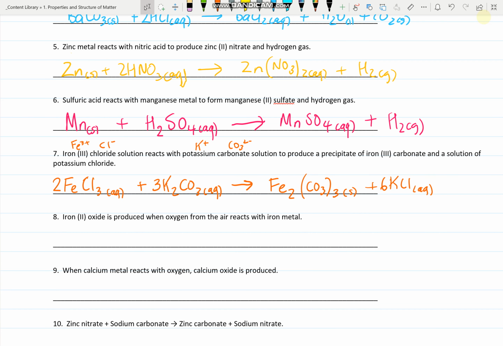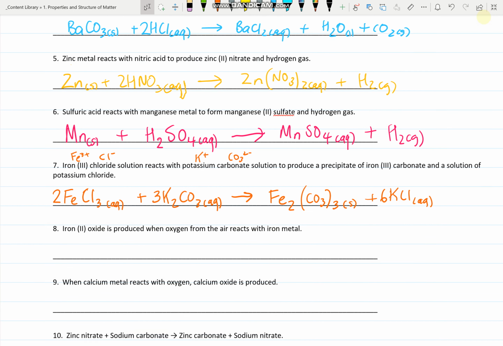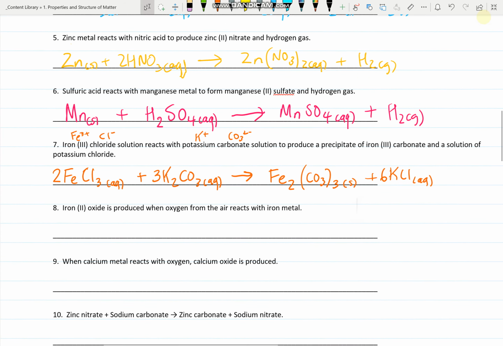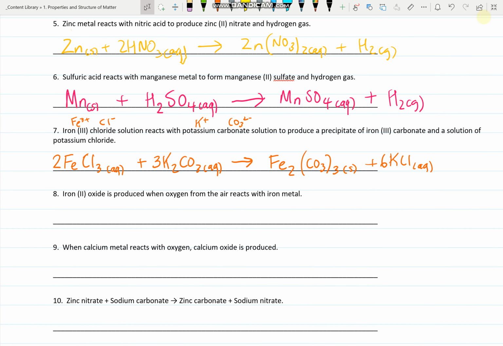Iron reacts with oxygen from the air to produce iron oxide. So this is what's called a combination or synthesis reaction, the first one on the list. This is just 2 things combining into one. Iron solid plus oxygen. You never find oxygen by itself. It's always diatomic. Iron oxide.